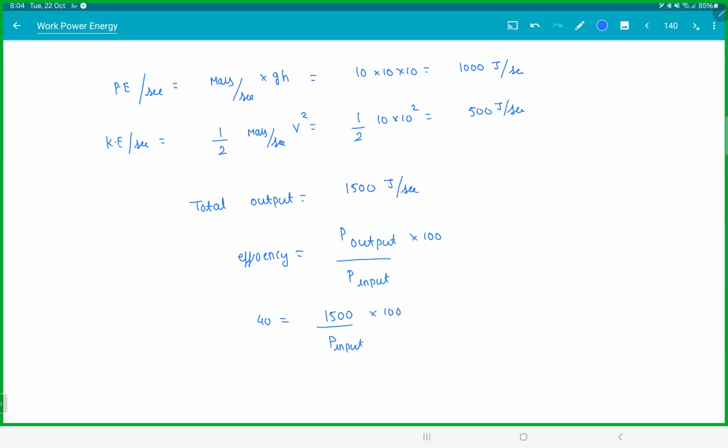Input into 40 percent is 1500, so this would be 3750 joules per second, or you can write 3.75 kilowatts. Check. So 1500 is your output, 40% efficiency, so 40% of input is 1500.